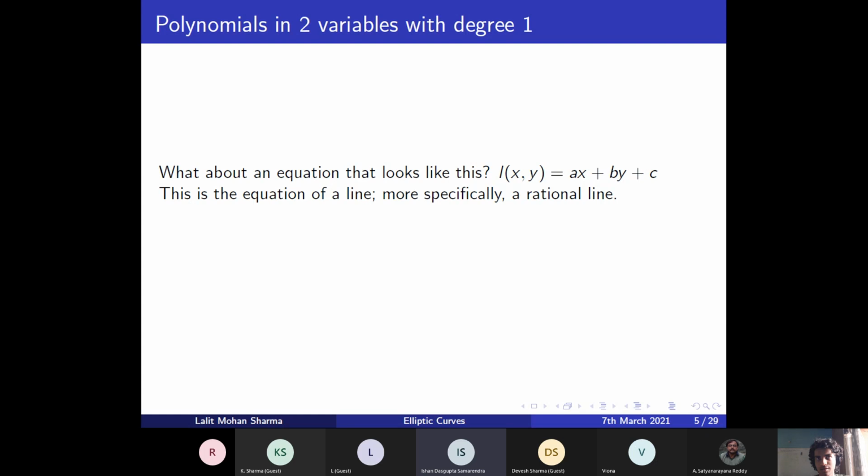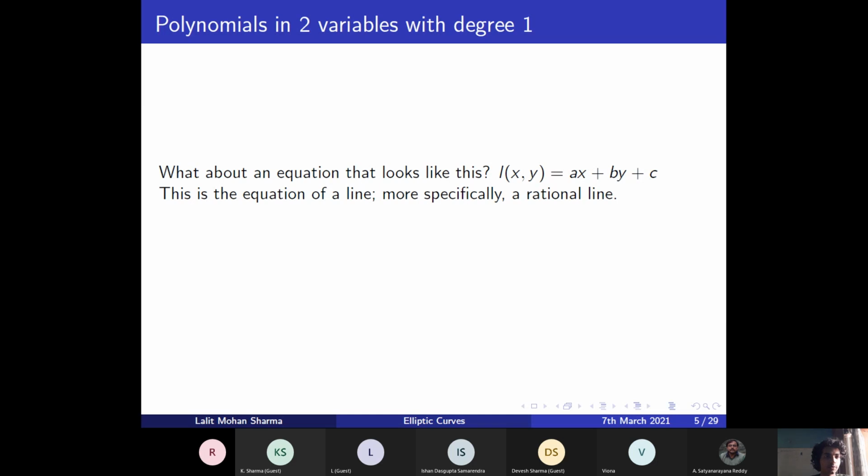Yes, that's correct. That's all we have to do: find some rational solution if possible. The general case is maybe too difficult, but we're just interested in some rational point, and obviously if there is one, you would be able to find infinitely many rational points.